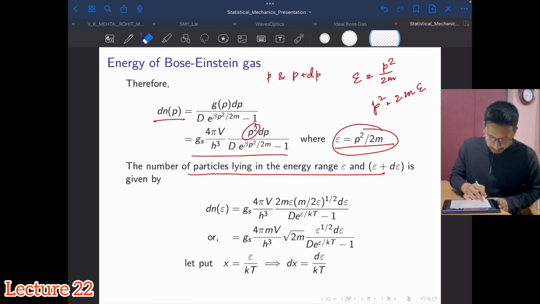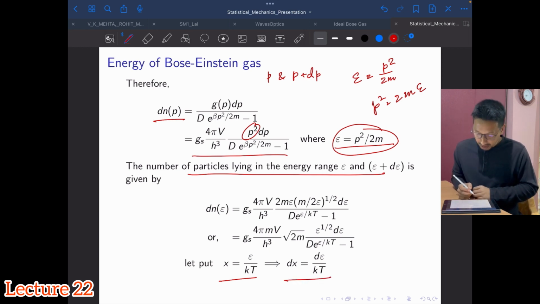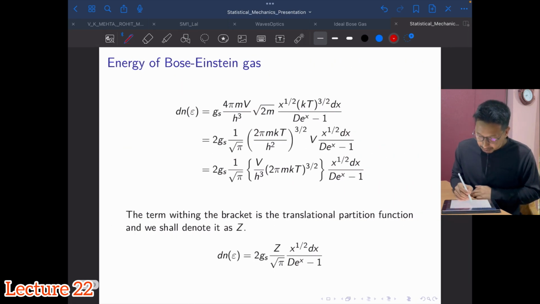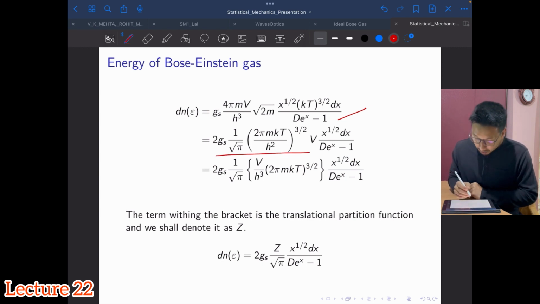So what I will do now, this ugly looking, so-called complicated looking expression, let's substitute with x equal to E by kT, and so the dx will become this. Wherever you see these terms, substitute with x, so your expression will become this. Then again rearrange the terms such that you get this. You may be wondering how this square root of pi has come.